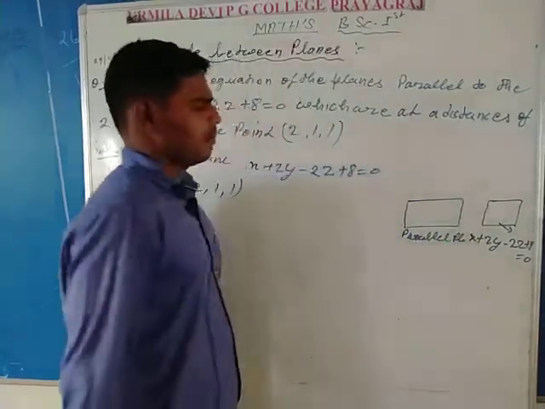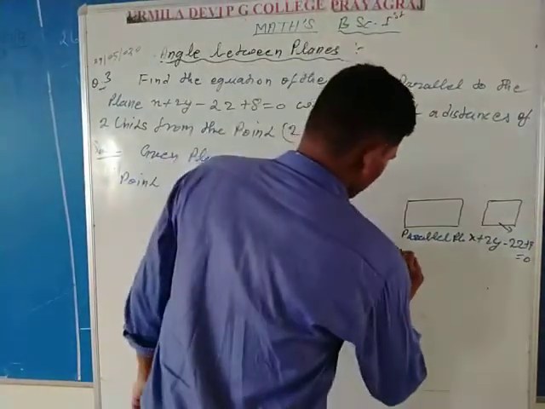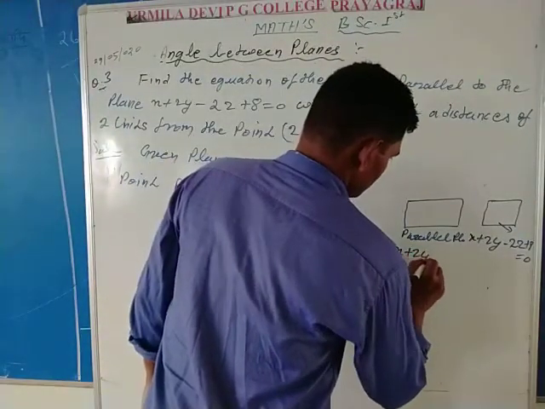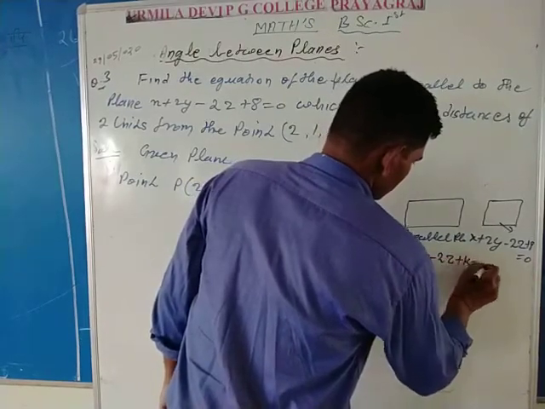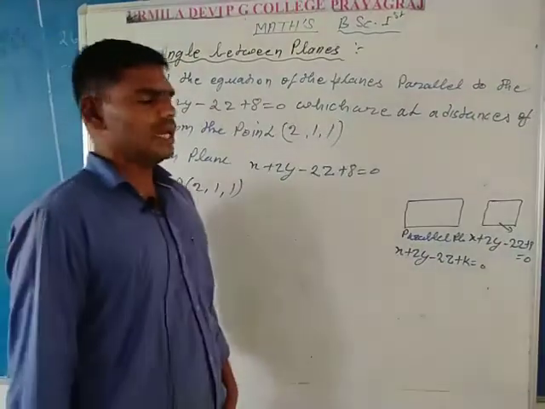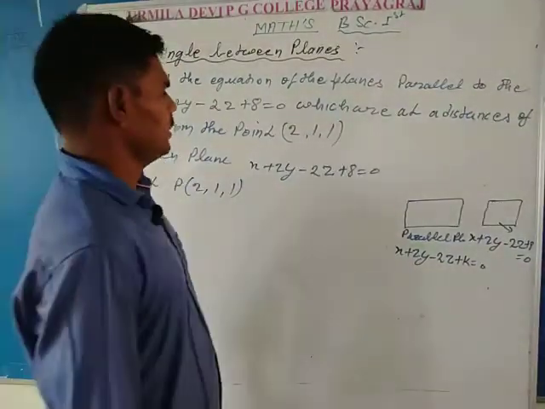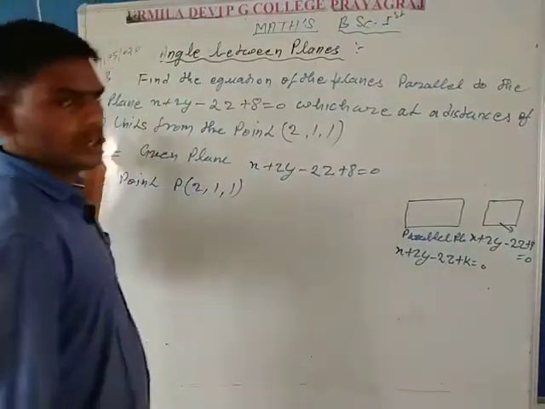Then the equation of a plane parallel to this given plane is x plus 2y minus 2z plus k is equal to 0. In the question, it is given that the perpendicular length from the given point to the parallel plane is equal to 2 units.